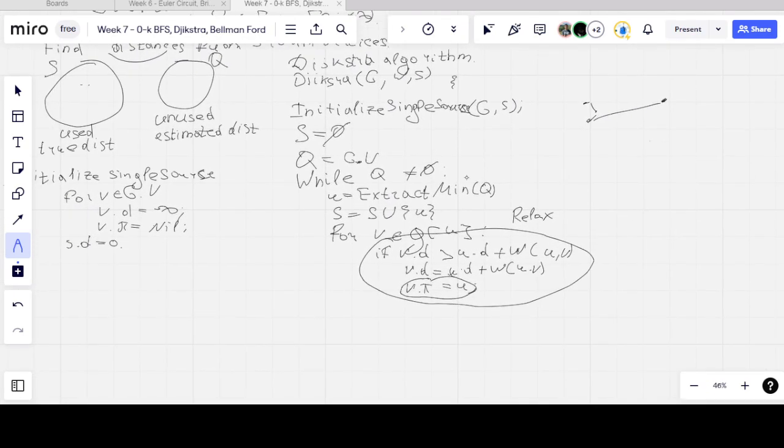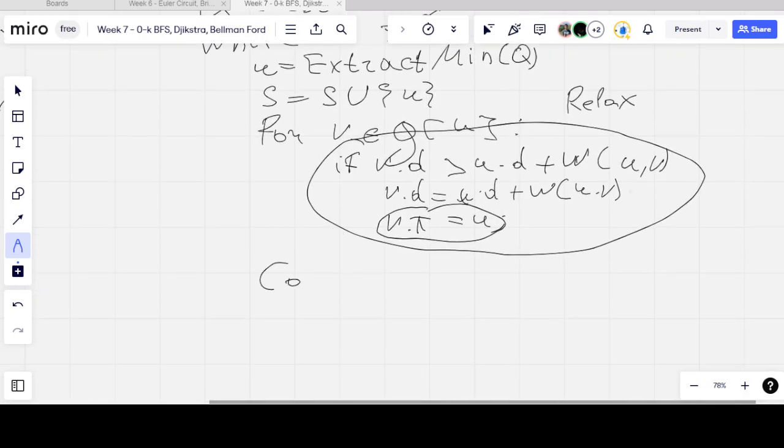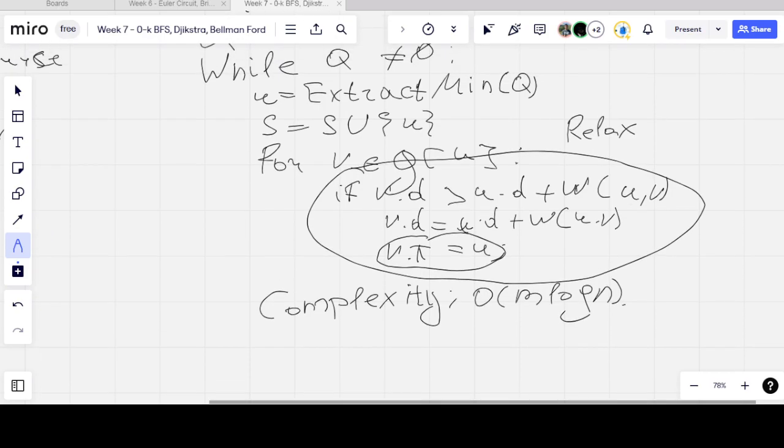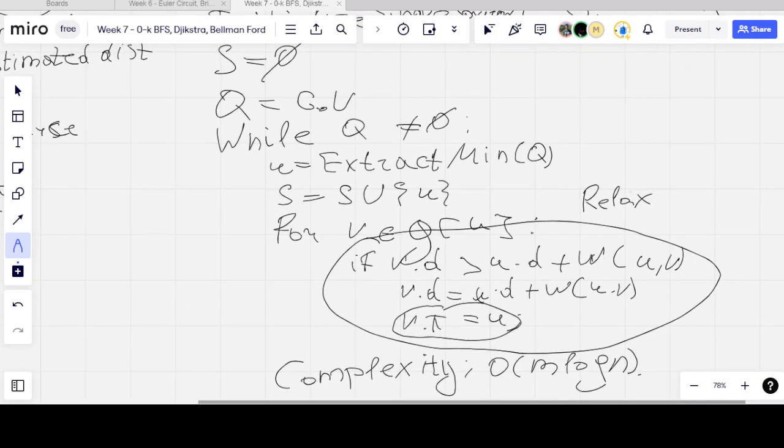The complexity will be O(m log n). You can ask questions about this algorithm. Why is it m log n? Because each time in the priority queue we have only n vertices, and we try to do relaxation m times.